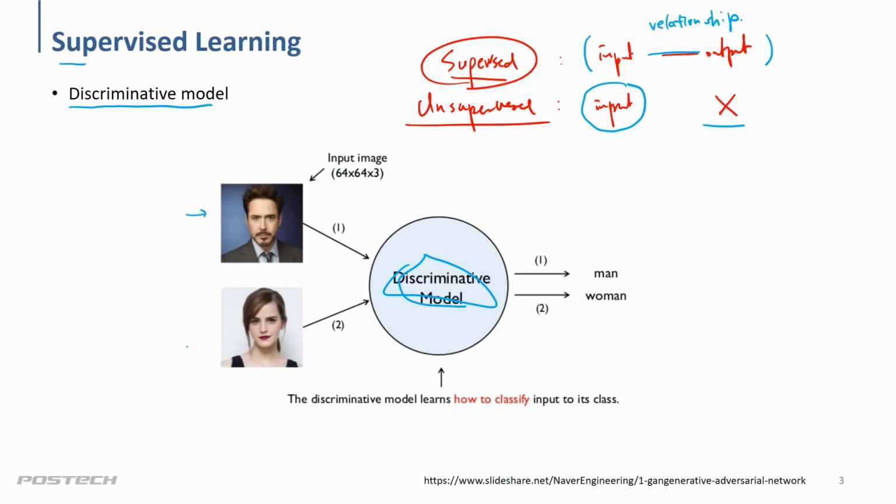Say you have an image of a man or an image of a woman, male and female. If you take this as an input in a classification problem, the network is supposed to say it's a woman. So in general, discriminative models learn how to classify the input to its class, labels, or outputs.